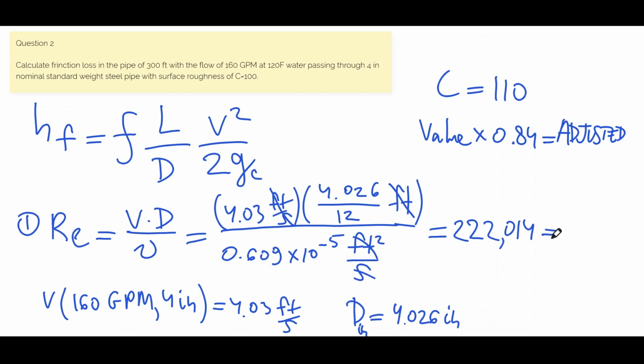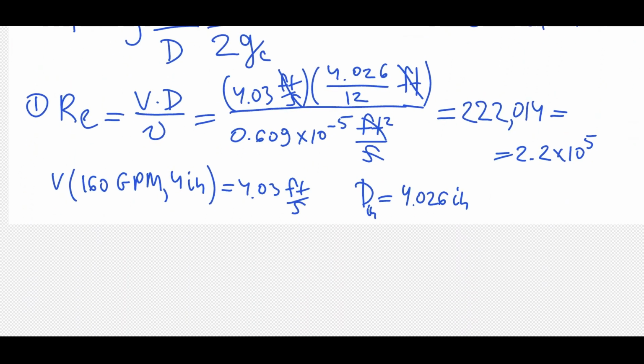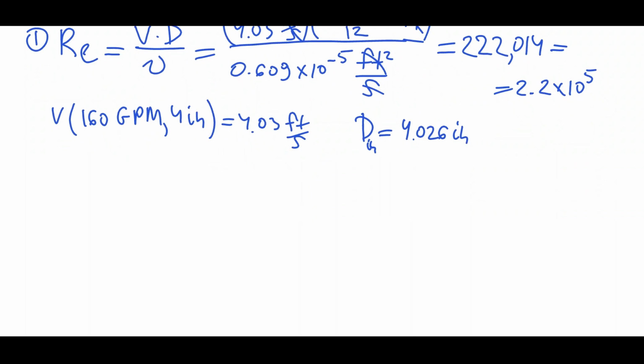Usually, in order to use our chart later on to determine our friction factor, I like to simplify these numbers. So in the chart, use 2.2 times 10 to the fifth power just for the easier interpretation. You'll see later how this helps you out.